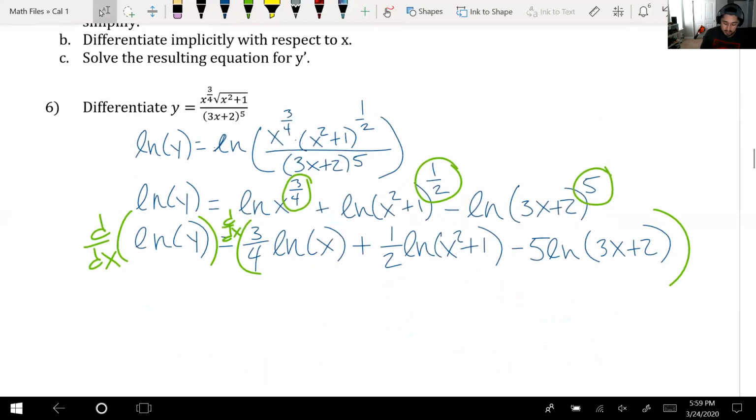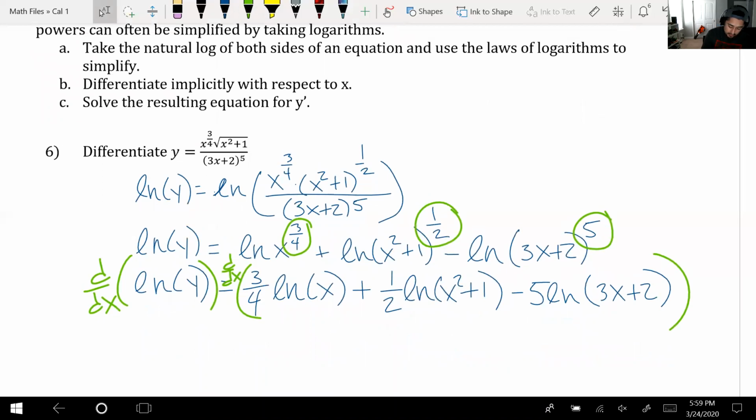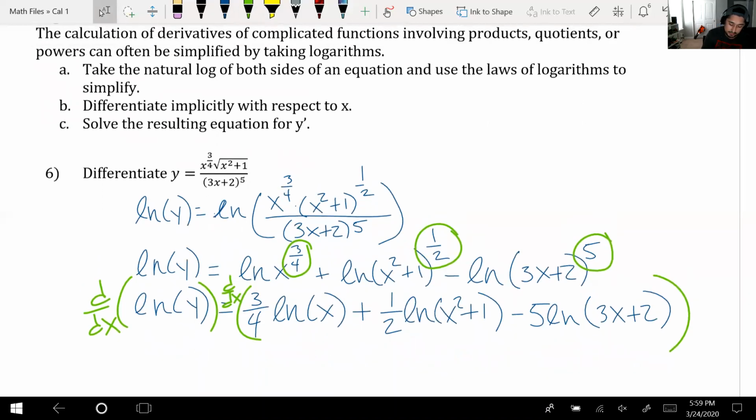So the left side of the equation, here comes the implicit part, the only implicit derivative. And when I say implicit, it's because it's d over dx of y, which gives us y prime. So, first off, we're doing the chain rule for the natural log of y.